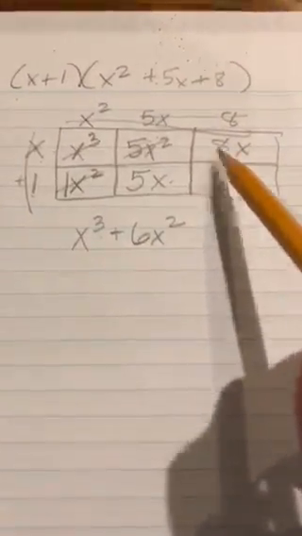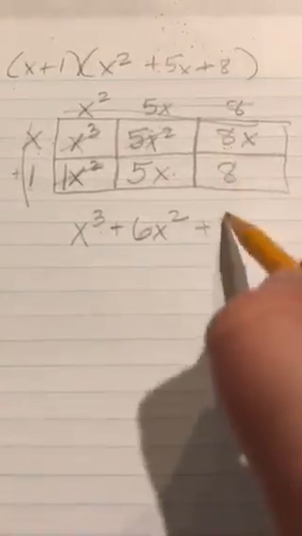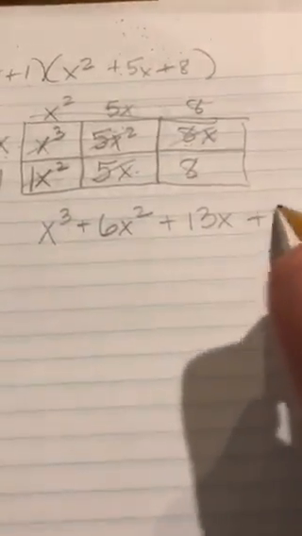Now I'm moving on to 5x plus 8x. If I have 5 x's and I have 8 more, that gives me 13 x's. And notice everything that I'm combining is diagonal to each other. Okay, and then my last term is a plus 8, which has a degree of 0. And so we know this one has 4 terms. It is a polynomial. And that is as simplified as it gets.